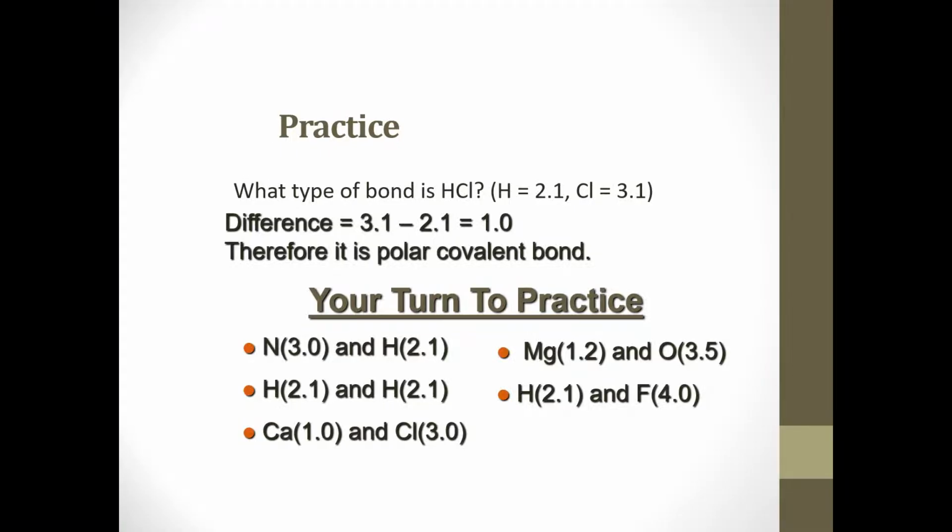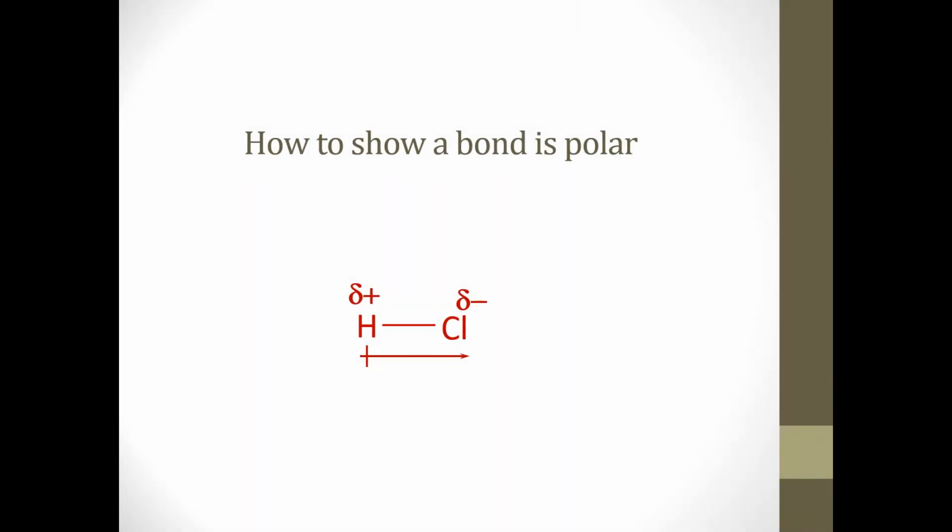So we can look up the electronegativities and determine whether a bond is going to be polar or not. So how do we show a bond is polar? There's two different ways that we do this. One is to use this little delta plus and delta minus to indicate which side has a plus side and a minus side.